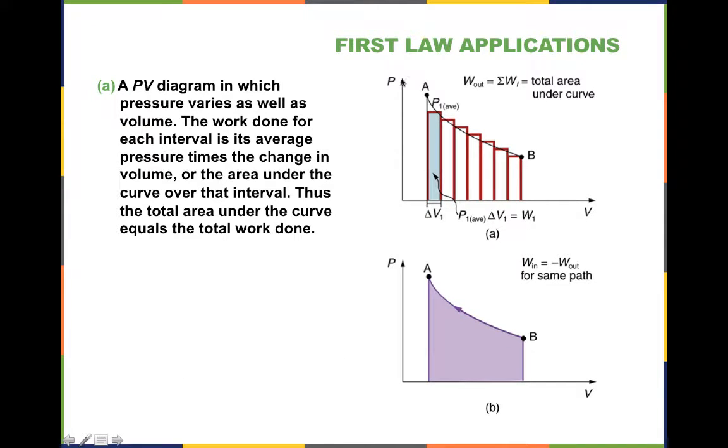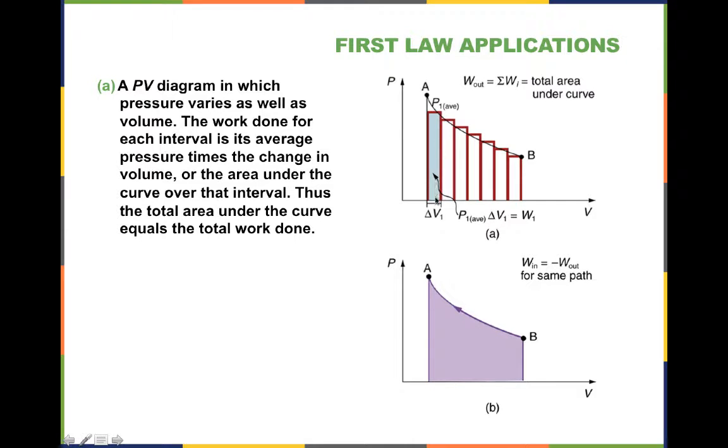Now if you do a similar diagram, but now you notice that this is not isobaric. The pressure is changing as well as the volume changing, and what you end up with is an estimation of the work using several small boxes to represent small isobaric changes, each of which approximates the amount of work done.